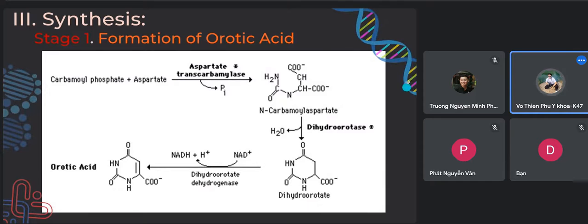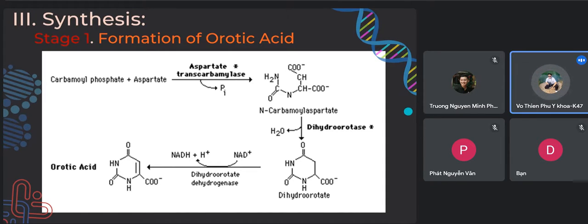Carbamoyl phosphate condenses with aspartate in the presence of aspartate transcarbamylase to yield carbamoyl aspartate, which is then converted to dihydroorotate. In man, CPS II, aspartate transcarbamylase, and dihydroorotase activities are part of a multifunctional protein.